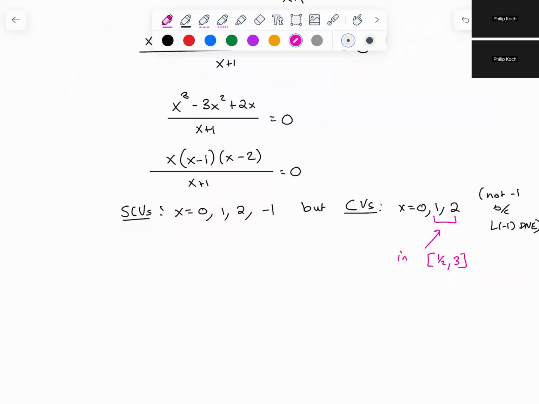So we found the critical values. Now the extreme value theorem says that the absolute extrema are going to occur either at the endpoints, either at 1/2 or 3, or at the critical values within. So we need to test them in the function to find out which. So we're going to be testing it in the original function because that's the thing that we're trying to find absolute extrema for.